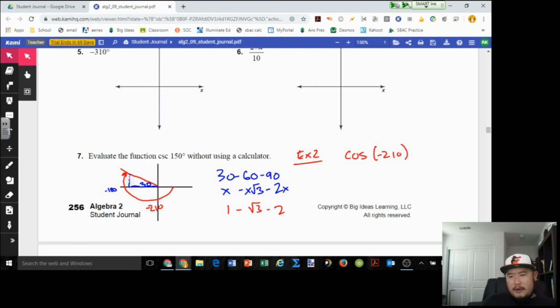So finally right here, we got ourselves cosine of negative 210. We'll go ahead and figure out, all right, well, cosine theta, cosine of 30 is what we're going to end up figuring out right here. Remember, for cosine, SOHCAHTOA, we have adjacent. And how about let's label the sides for you. This is the 60-degree side.